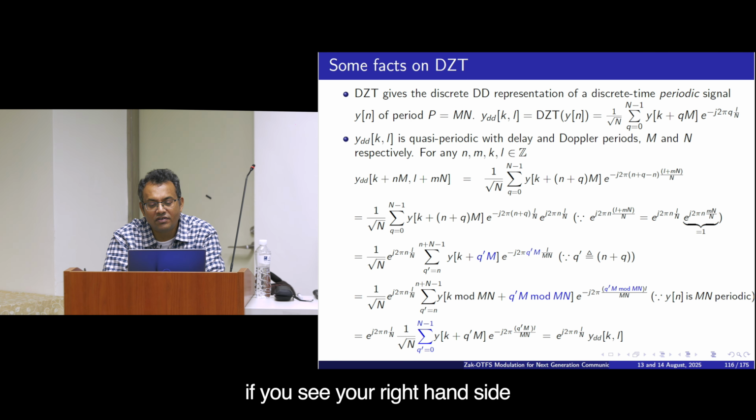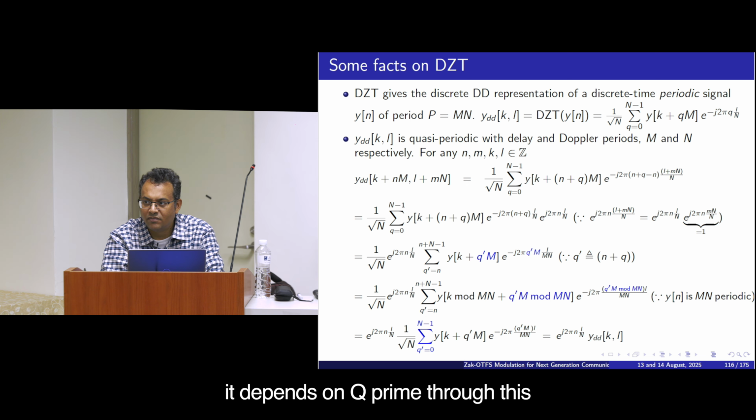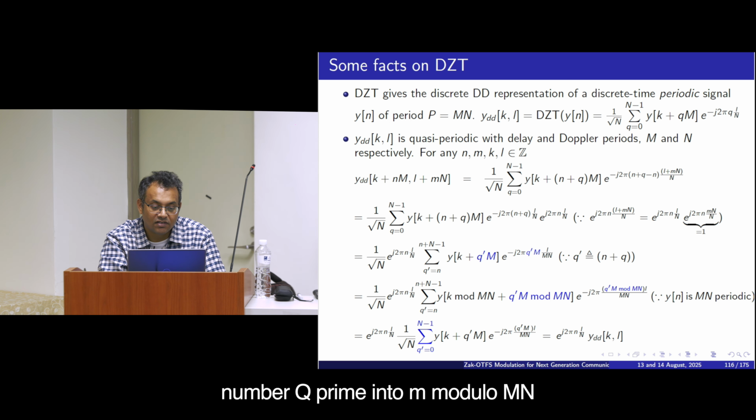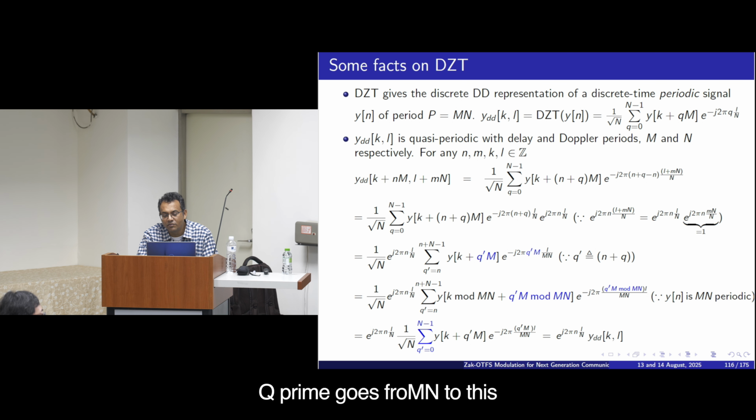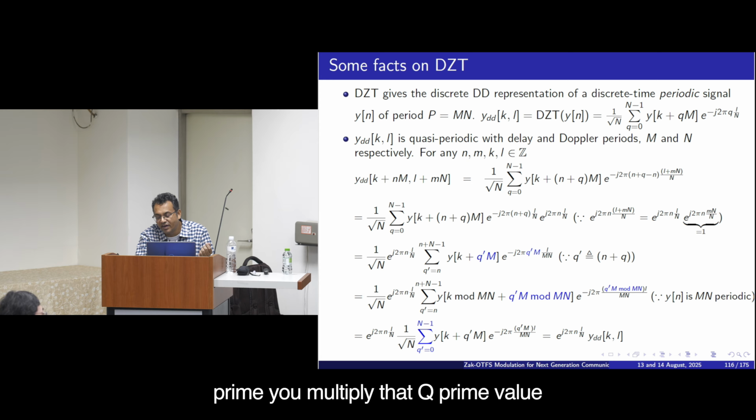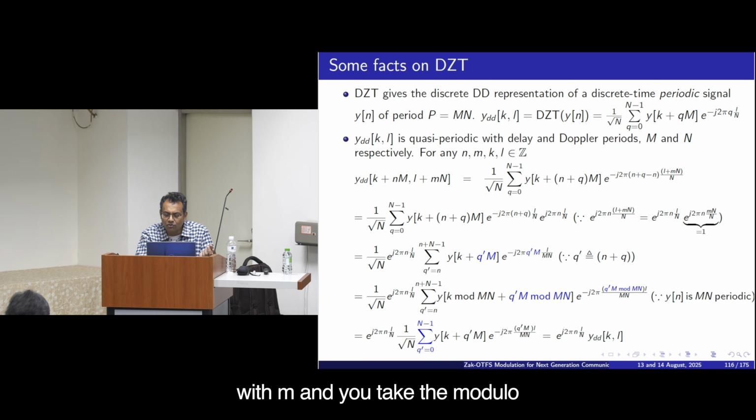Now, if you see your right hand side, it depends on q prime through this number q prime into m modulo Mn, okay. So, as q prime goes from n to this thing, for the term corresponding to a particular q prime, you multiply that q prime value with m and you take the modulo Mn value.